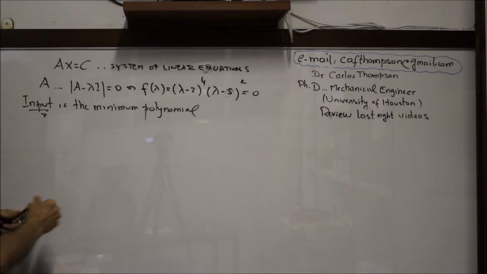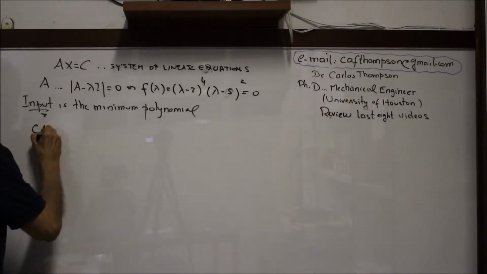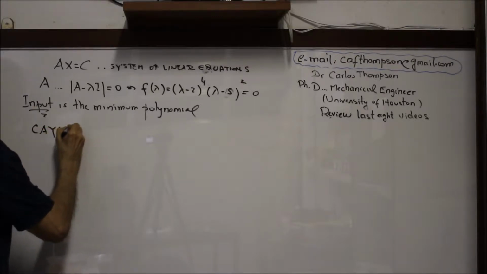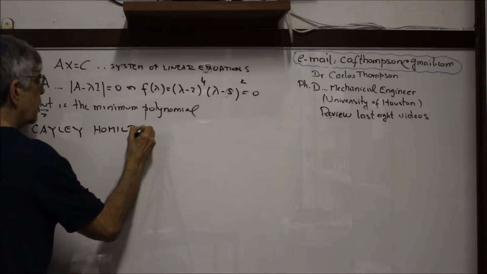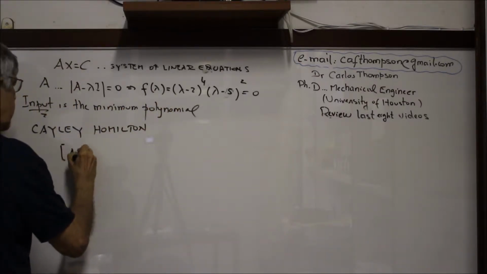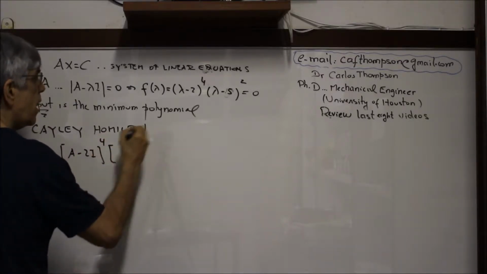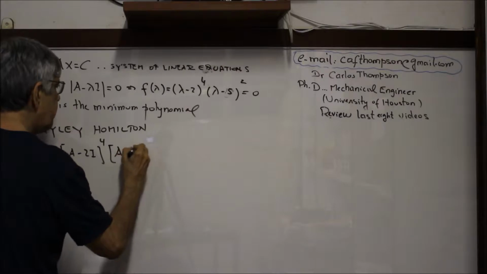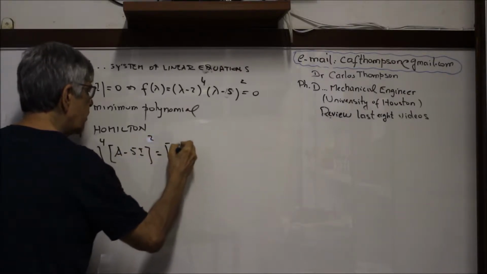From Cayley-Hamilton, for sure, A minus 2I to the power 4 times A minus 5I to the power 2 equals 0.